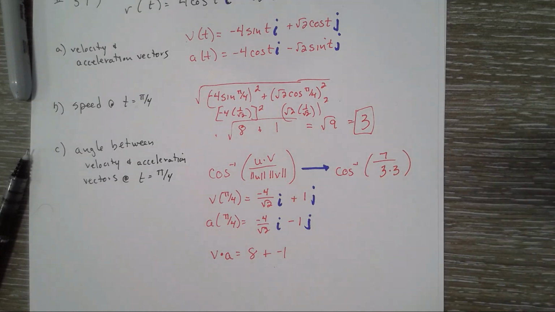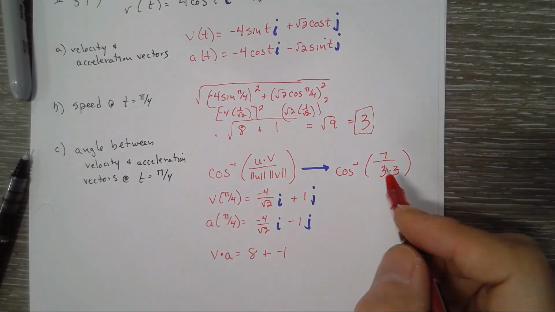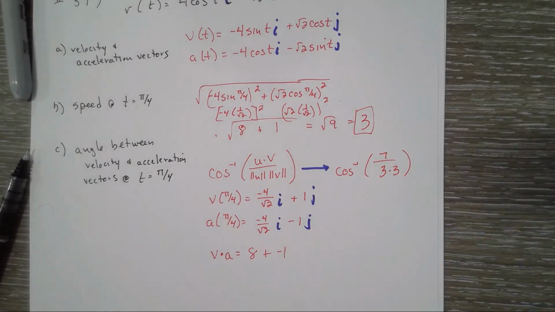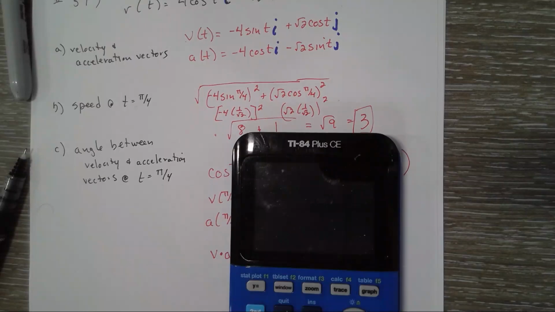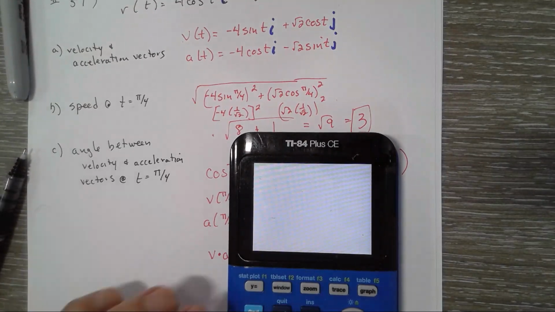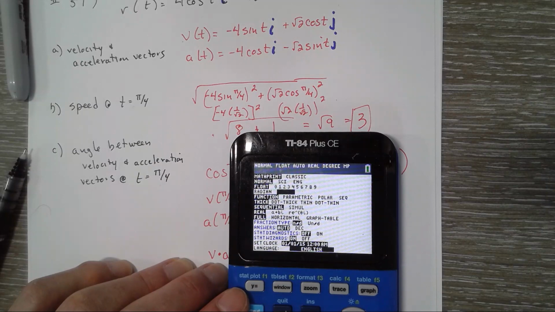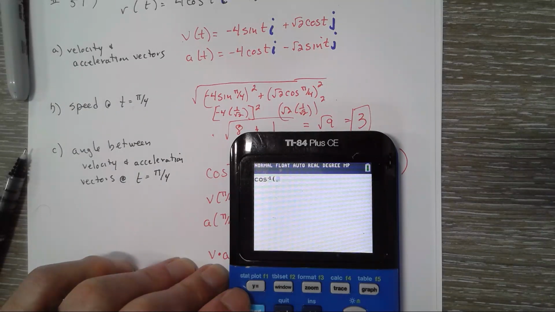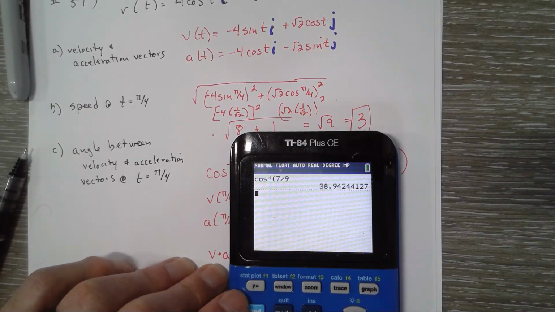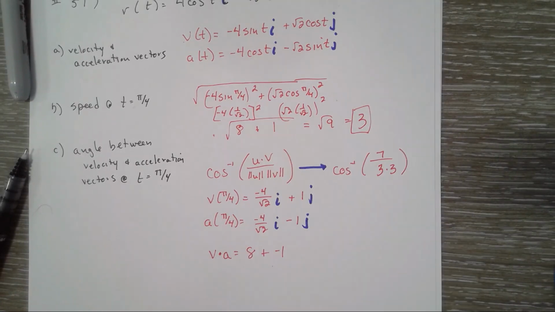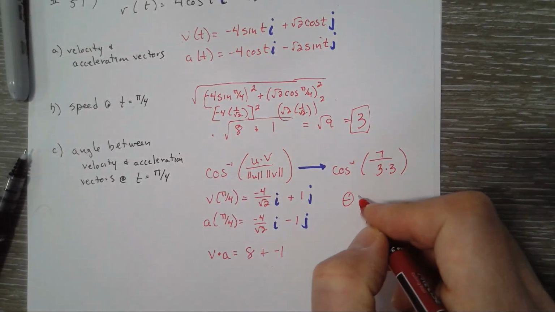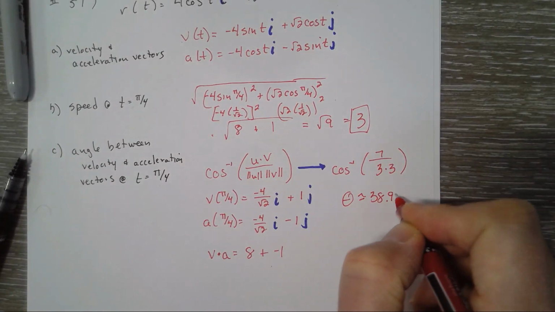So inverse cosine of 7/9 is 38.94. Our angle between is 38.94 degrees.